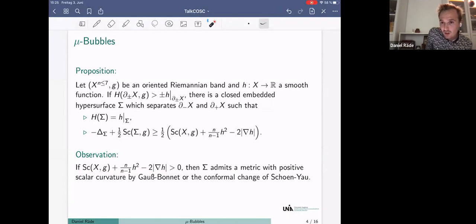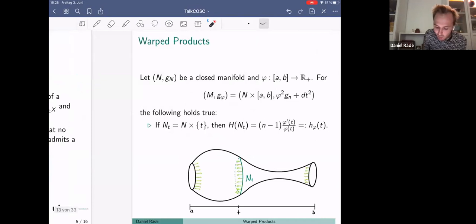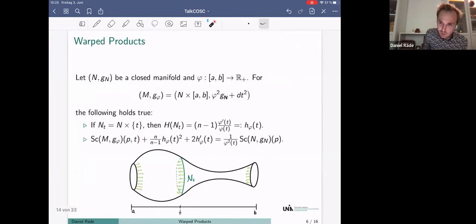So warp products give you good functions h, which already almost solve this ODE. Then you hope that you can get positivity by wiggling a little. So in the mu-bubble variational formulas, the scalar curvature formula for a warp product appears.